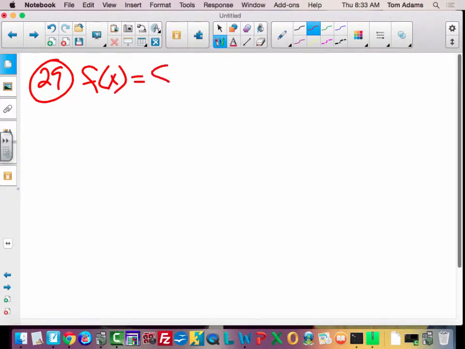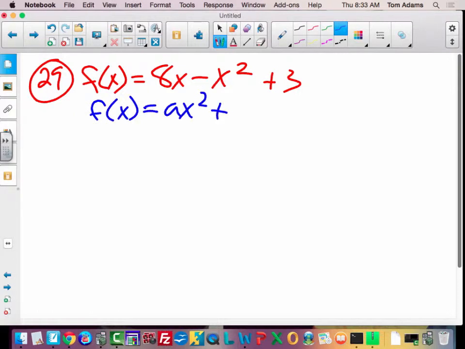I suppose 8 minus x squared plus 3. Okay, cool. Now, if I want to do the exact same thing I did before, it looks like it's got to be ax squared plus bx plus c.